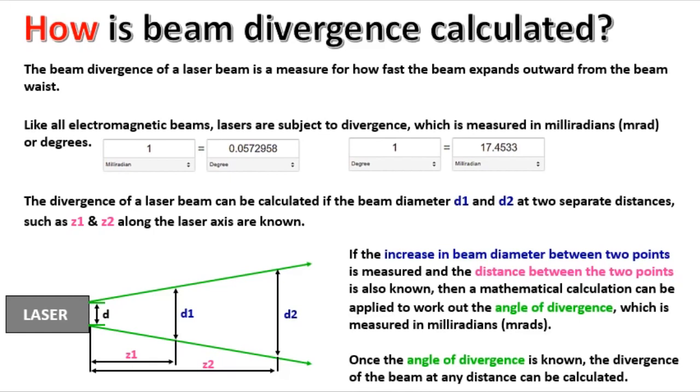If the increase in beam diameter between 2 points is measured and the distance between the 2 points is also known, then a mathematical calculation can be applied to work out the angle of divergence, which is measured again in milliradians or mrads. Once the angle of divergence is known, the divergence of the beam at any distance can be calculated.